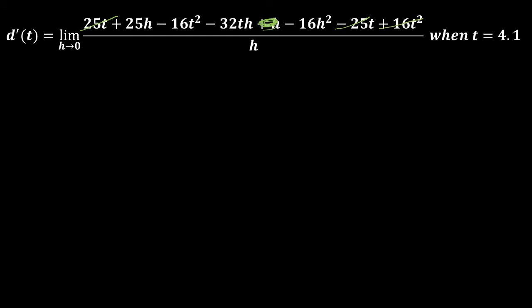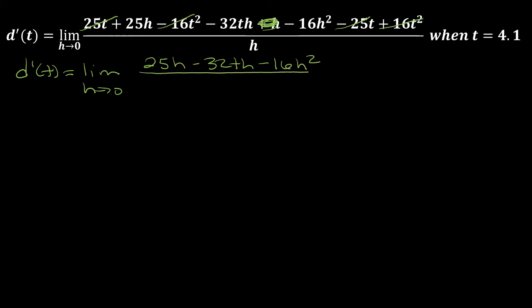There's positive 16t squared. There's negative 16t squared. And then everything else has an h in it. So this is going to be d prime of t equals the limit as h approaches 0 of 25h minus 32th minus 16h squared all over h.